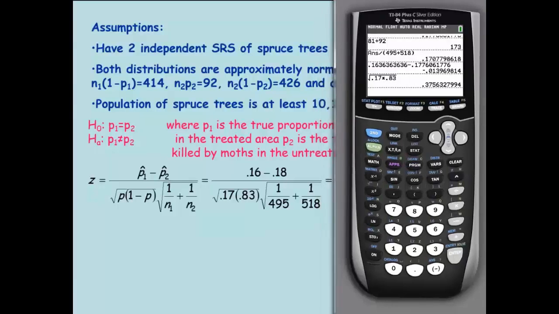And then I want to do this piece right here, the 1 over 495 plus the 1 over 518. So 1 divided by 495 plus 1 divided by 518. And I want to take the square root of that one.